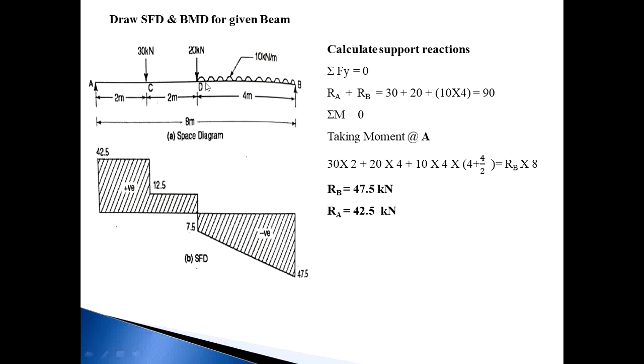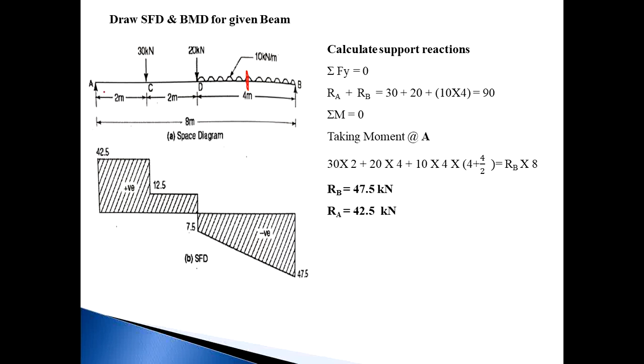The total length of the UDL is 4 and the intensity of the UDL is 10, so 10 into 4 is the total UDL. Then, where does it act? The total UDL acts at the midspan of the UDL, that is BD. The length of BD is 4 meters, so 4 meters by 2 is 2 meters. So it acts on this point.